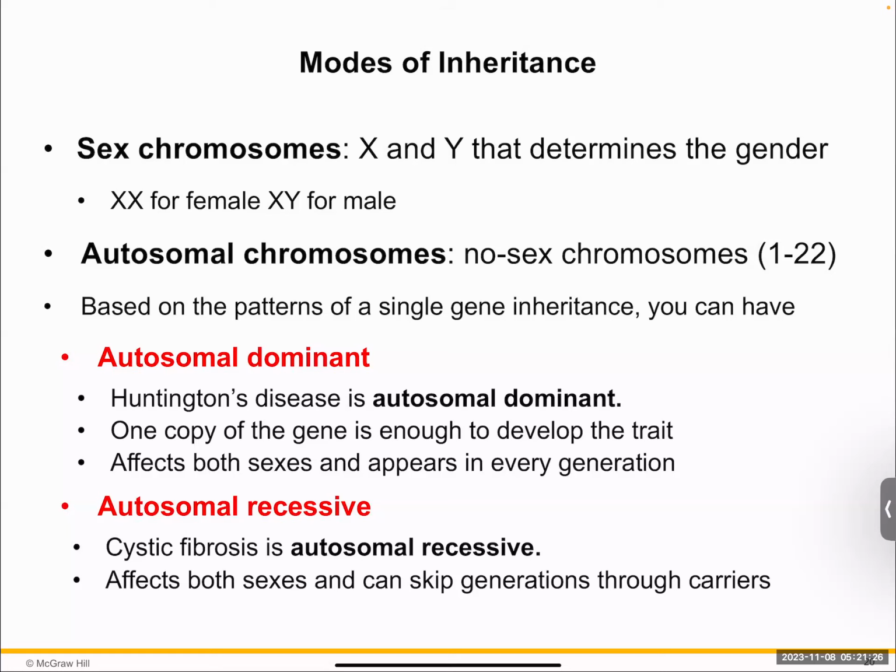So Huntington disease is considered a mutation, and you need only one copy of that mutated gene to be affecting the person. It is equally affecting both males and females because, again, it's not an X-linked medical condition.